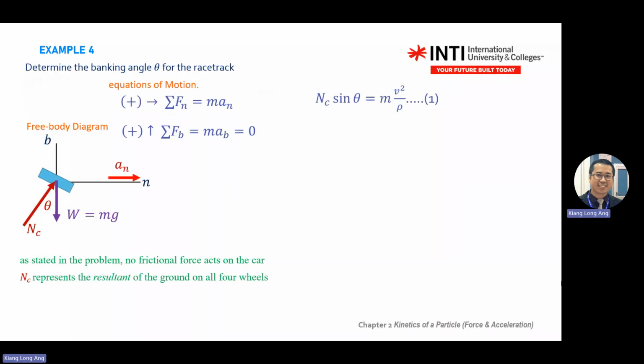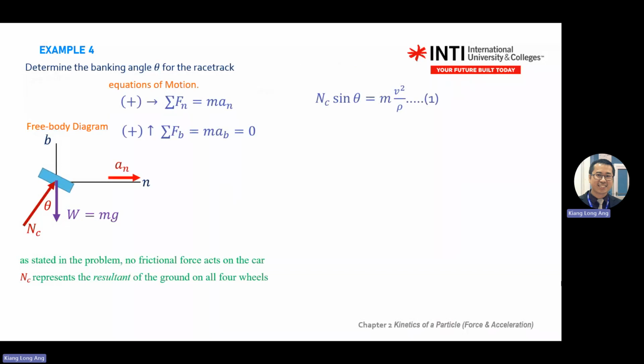In the b direction, you look at the b go up. So the sum of forces in b equals m ab, which equals 0 because it stays at that location. So the net force is 0. But there's a force in b, right?